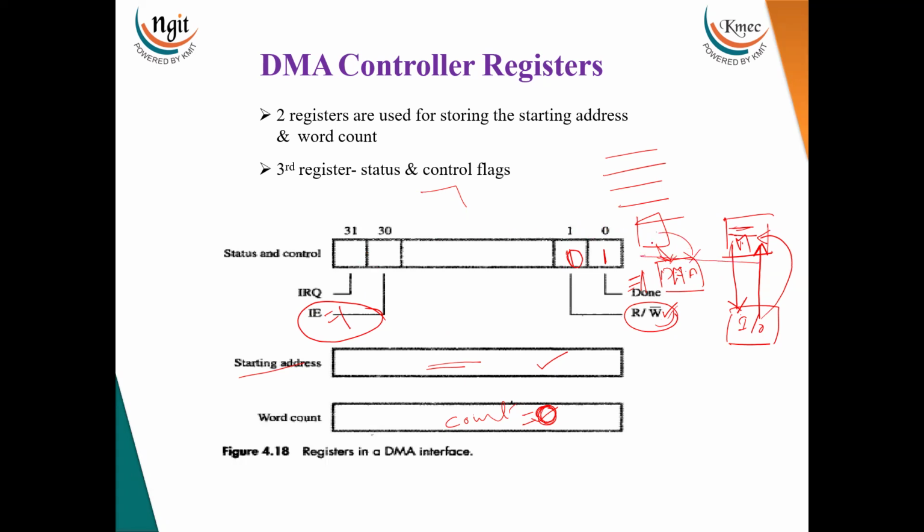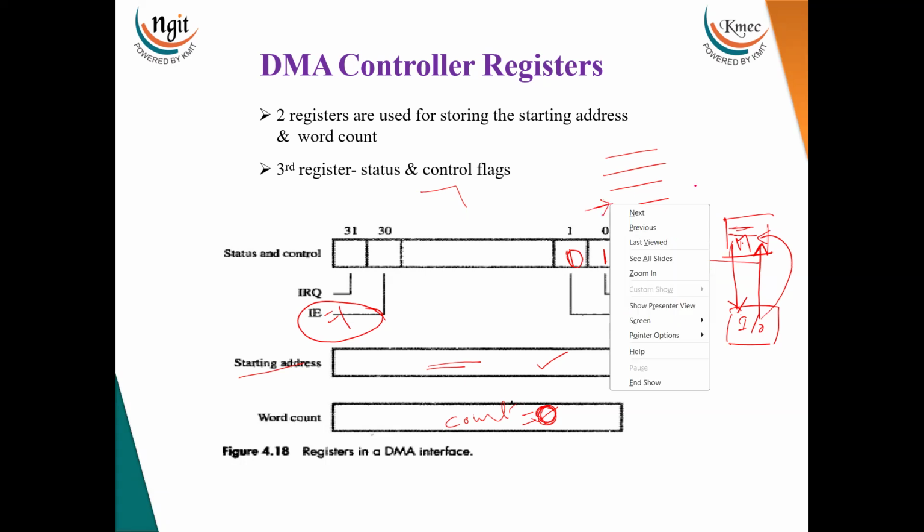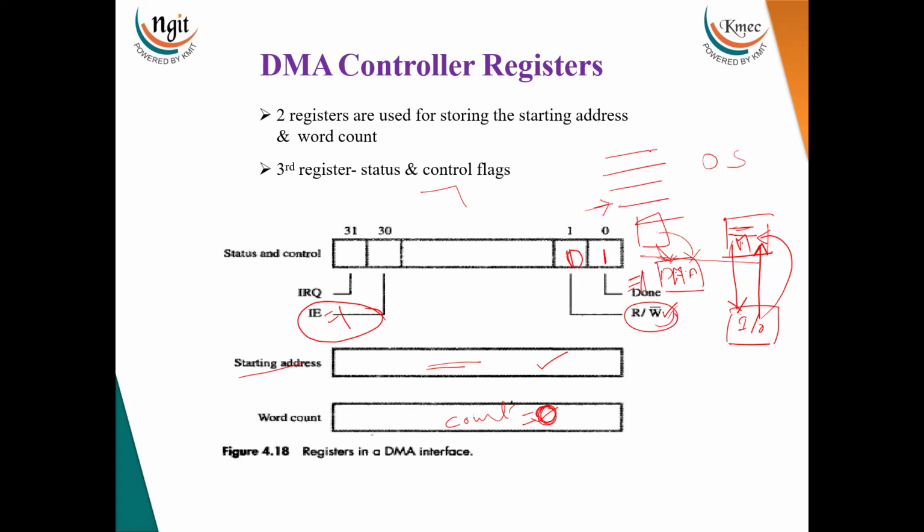Now whenever I say the processor is initiating, it means the operating system inside will take care of the IO transfer. Wherever the IO transfer is taking place, the operating system will do that job. If there is a program where IO transfer is needed, then the operating system suspends this program and initiates the DMA program and hands over the bus to the DMA.